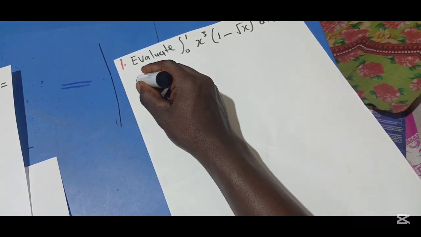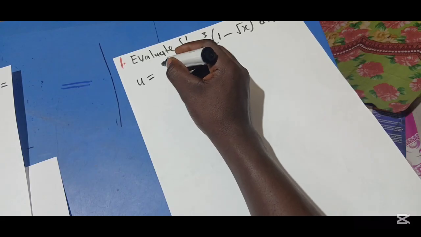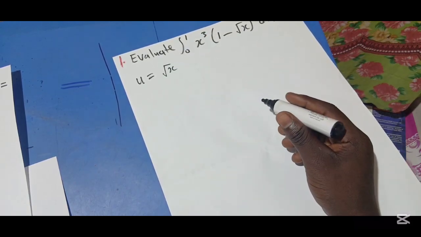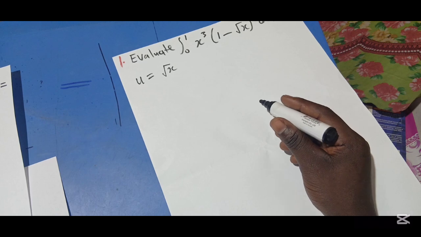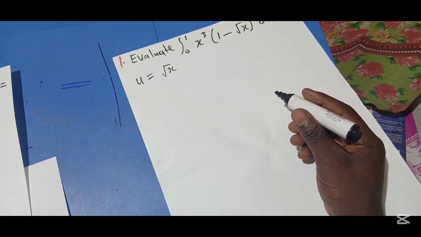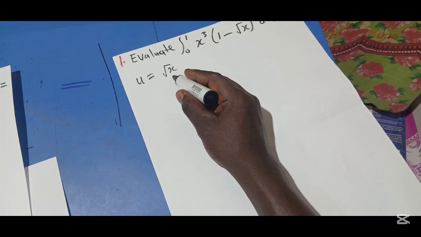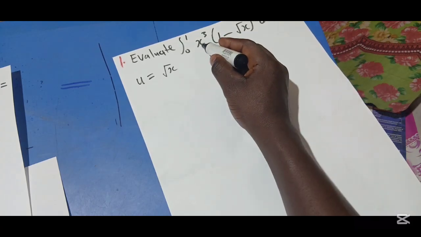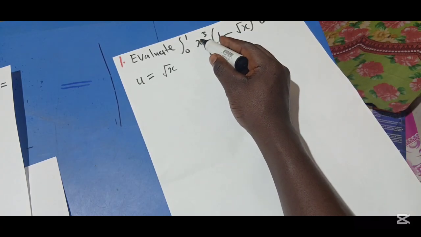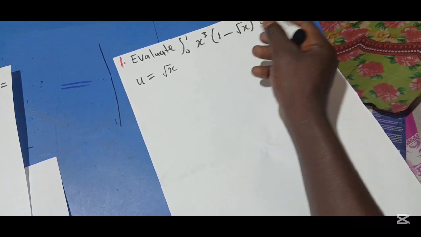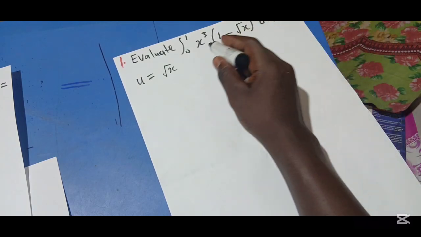So let u equal square root of x. Now that u equals square root of x, we have to look for the value of x, because at the end of the day we'll be needing the value of x so that we will substitute it here so that everything will be in terms of u. So we need x.